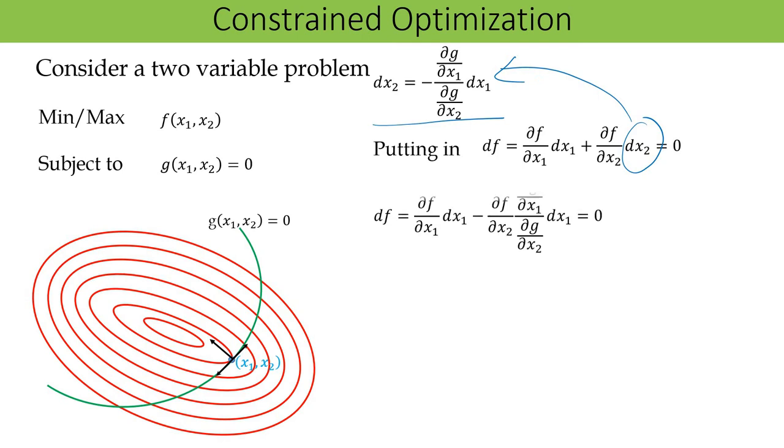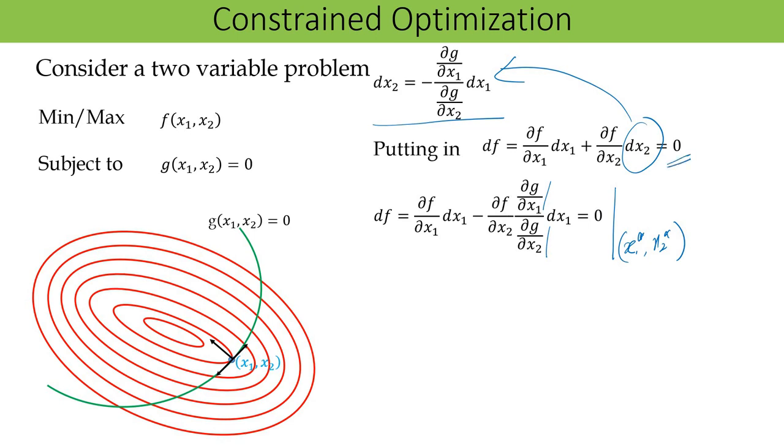Then I am getting df equal to del f by del x1 dx1 minus del f by del x2 times del g by del x1 divided by del g by del x2 dx1. This is at x1 star, x2 star, that is at the optimal point, so at the optimal point this must be equal to 0.